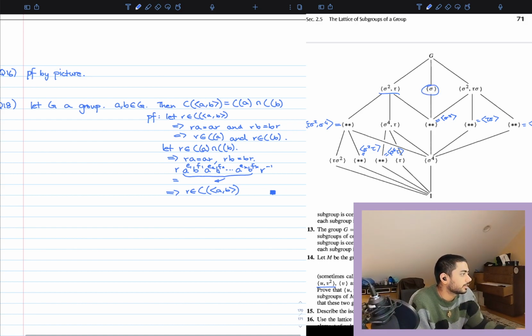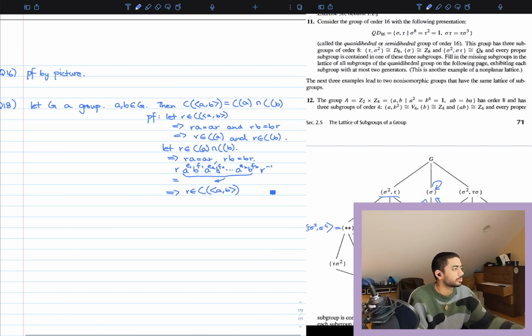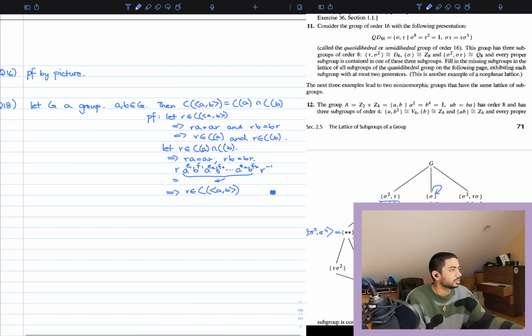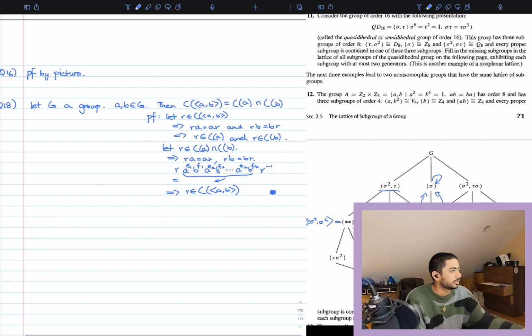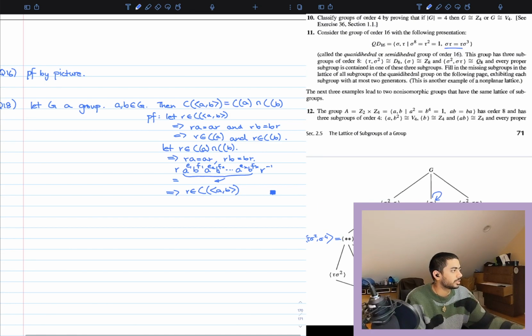Sigma is cyclic, so this centralizes here, this centralizes here, this centralizes here as well. Does anything commute with sigma? Remember, this is the quasi-dihedral group we're looking at. So in the quasi-dihedral group, we have this presentation. So is there anything that commutes with sigma?